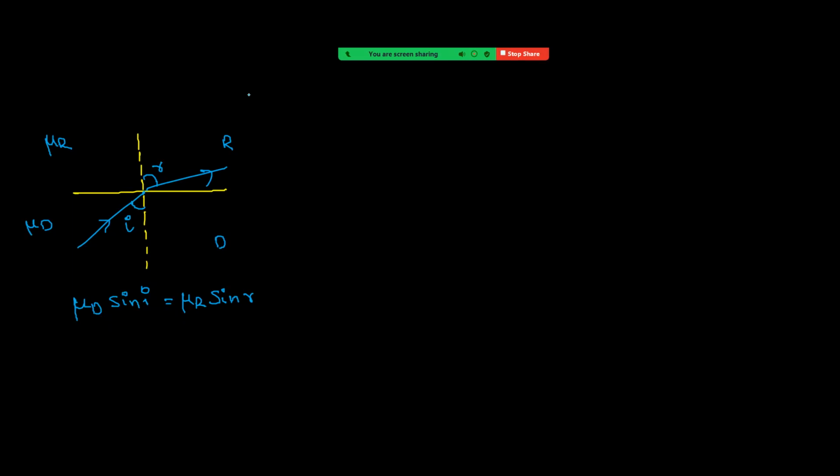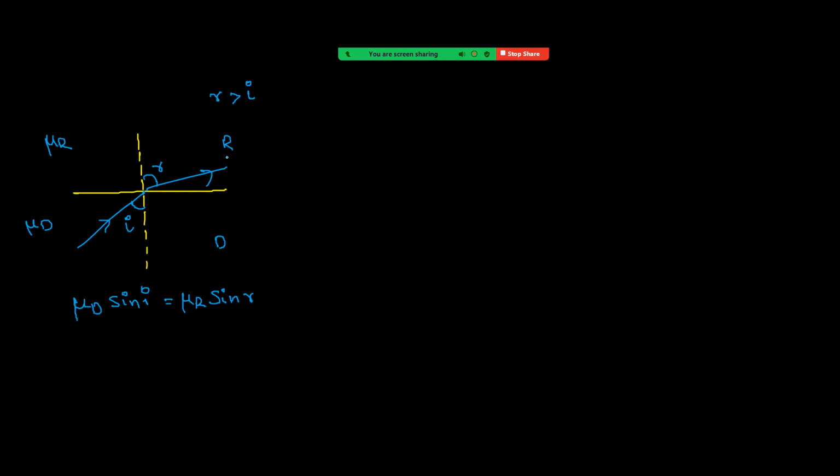And here one more condition is that R is greater than I. Since the light ray is entering into the rarer medium, it bends away from the normal. That means R is greater than I. That is one condition. Now keep on increasing the I value. When I is increased, R also increases, and the condition is R greater than I.